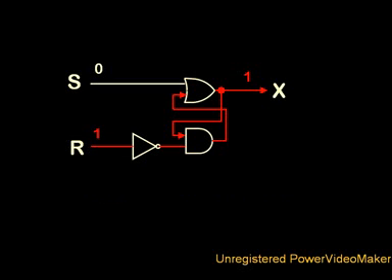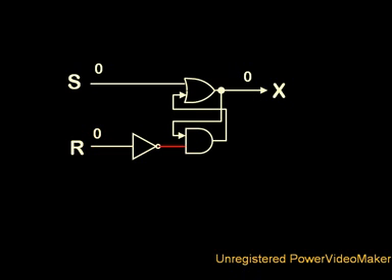But what if I changed R to a 1? That one goes to 0. That turns off the AND gate. That, in turn, turns off the OR gate. And the state 0 is now locked into the circuit.